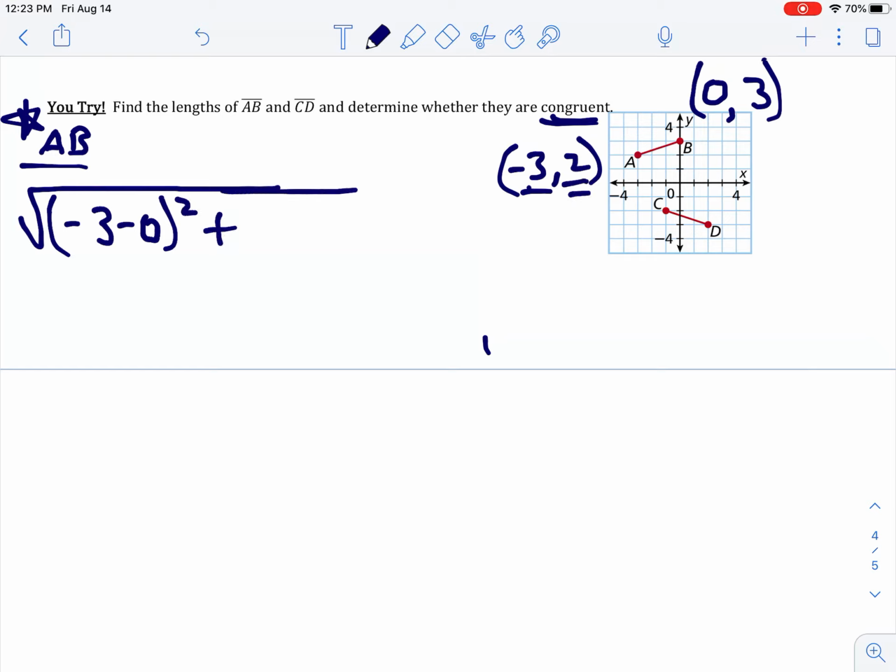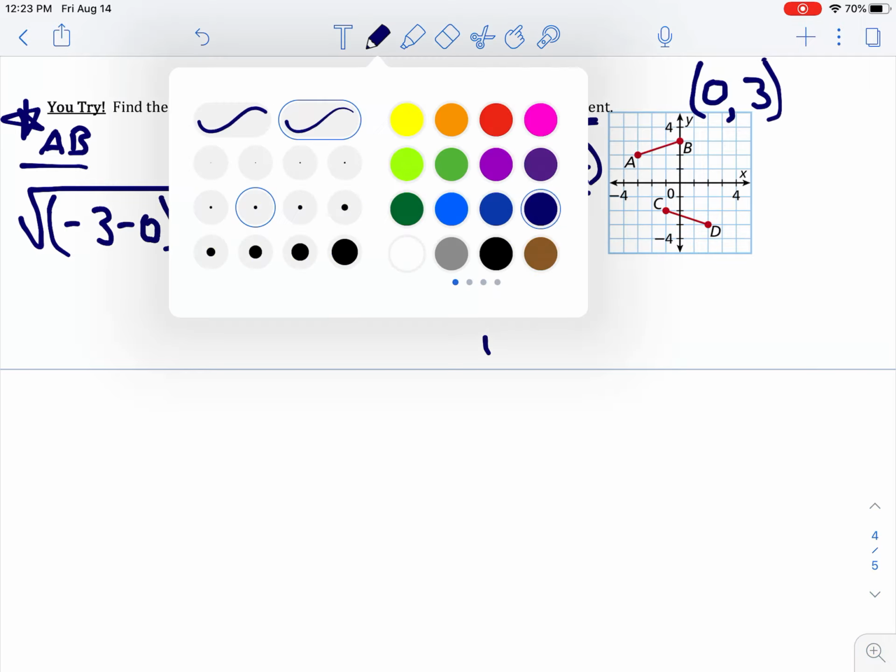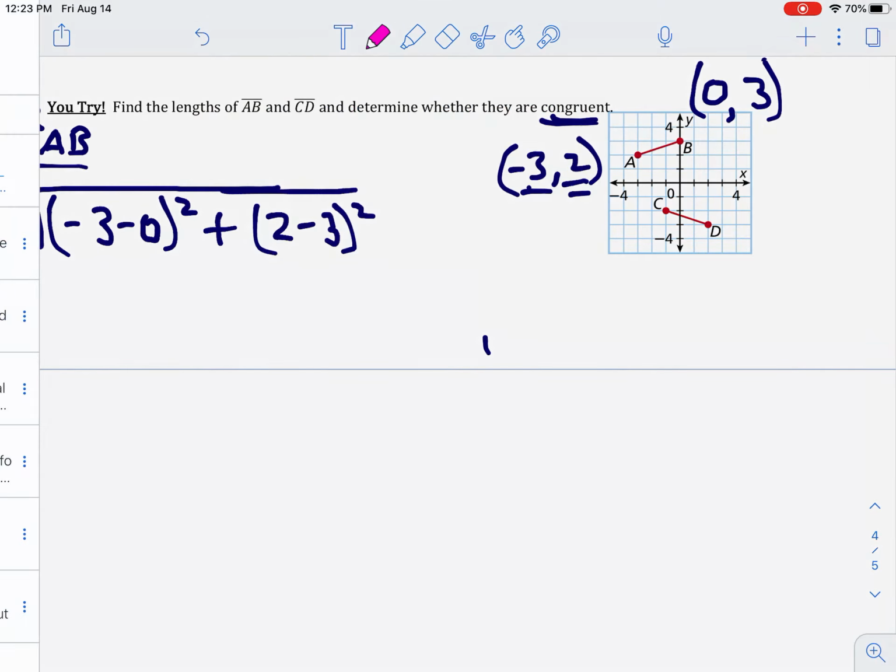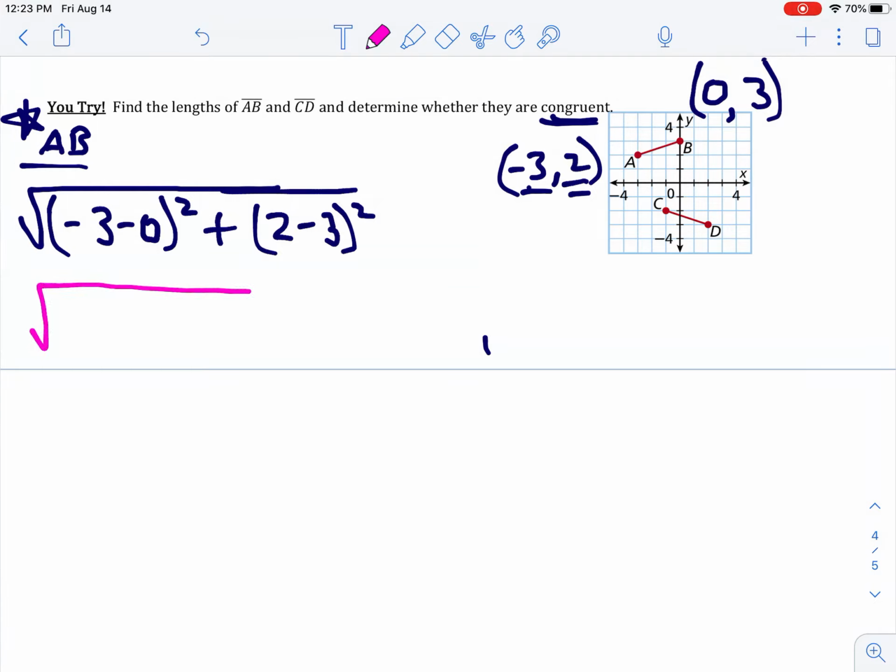I started with the negative 3, so I'm going to start with the 2 minus the other y, which is 3 squared. All right, let's start to clean this up. Let's go to a new color. Negative 3 minus 0 is negative 3 squared, plus 2 minus 3 is negative 1 squared.